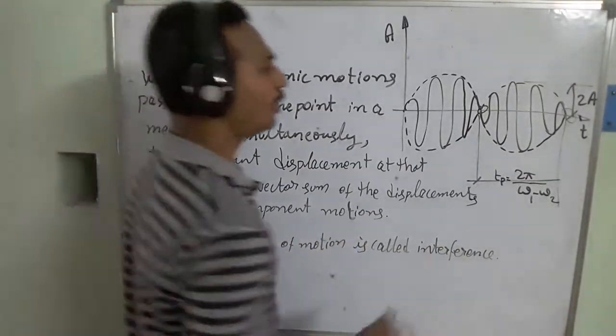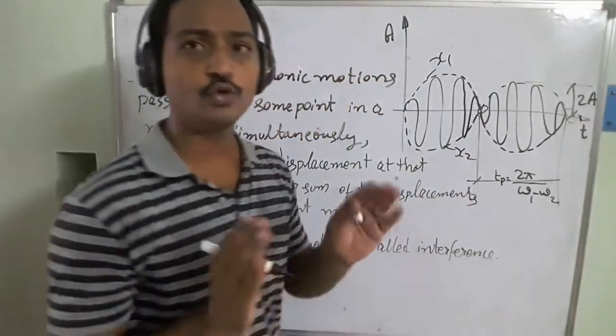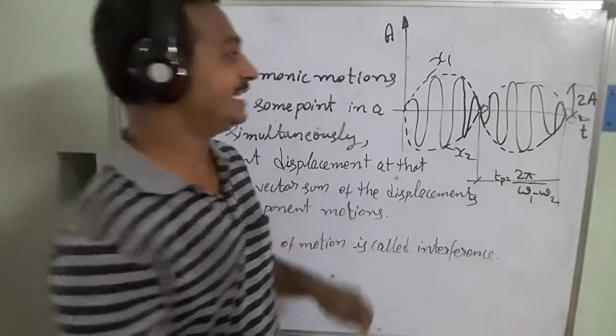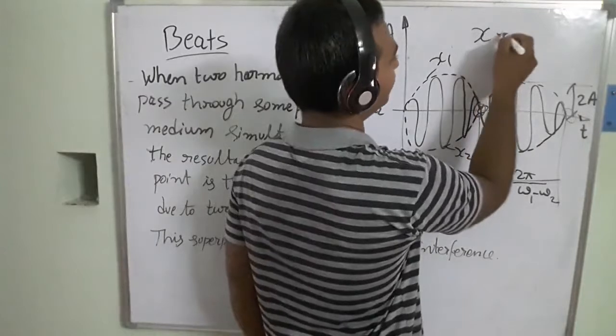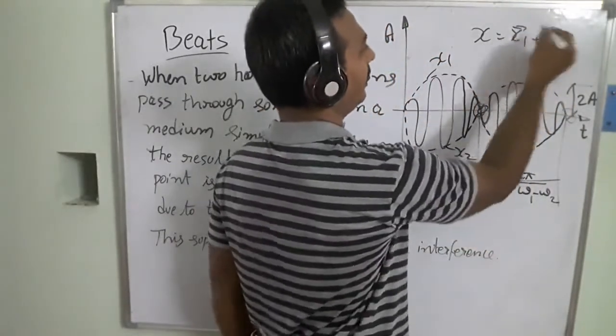We have two displacements, x1 and x2, and the displacement at this point is x equal to x1 plus x2. These two vectors we are taking.